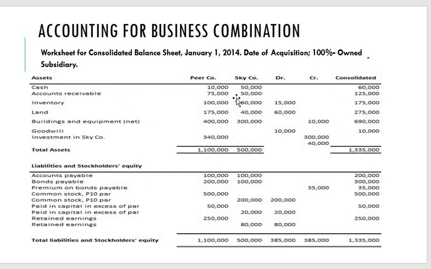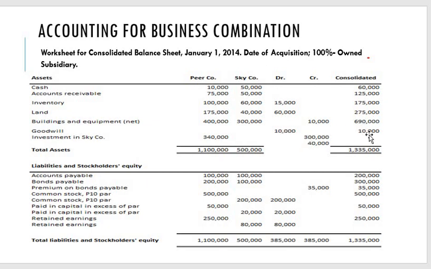Our accounts receivable, that's 75 plus 50,000, that's 125,000. Our inventory, that's 100 plus 60 plus 15, that's 175,000. Then our land, that's 175,000 plus 40,000 plus 60,000, it's actually 275,000. Our buildings and equipment, that's 400 plus 300,000 minus 10,000 because of the credit, that's 690,000.